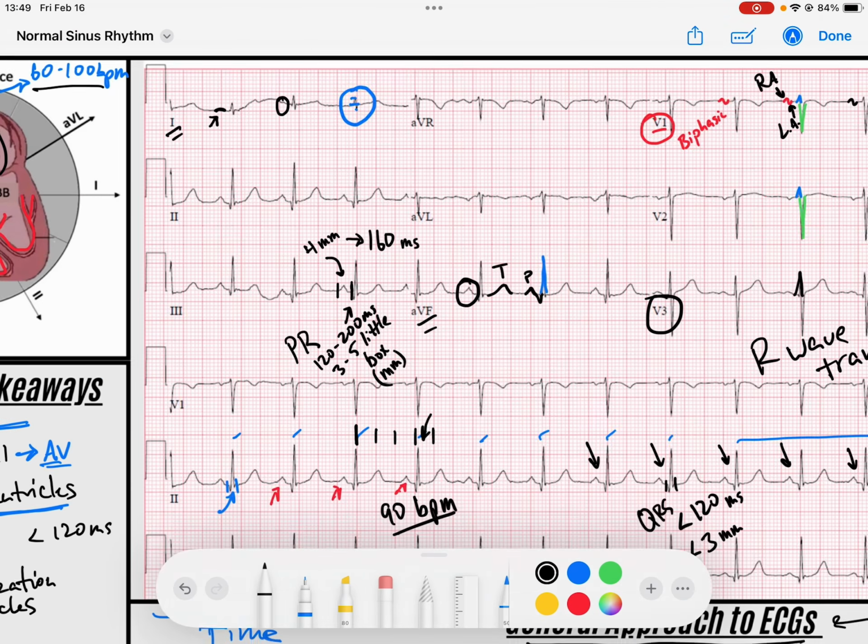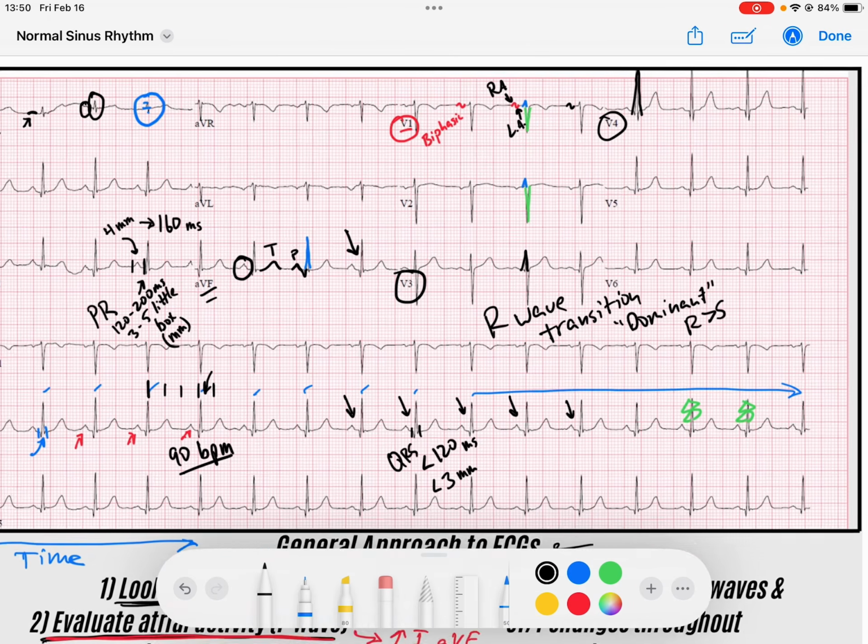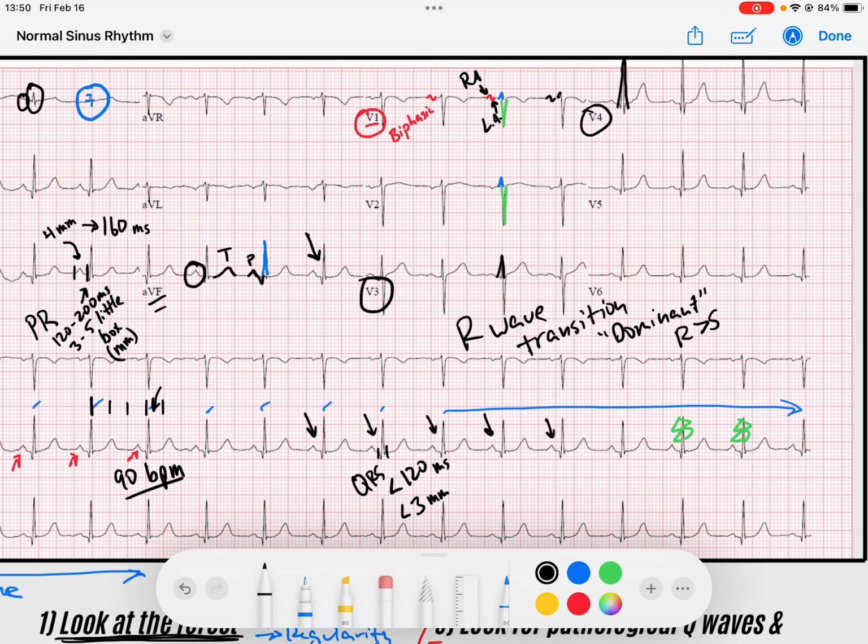Our QRS should be upright in lead 1, and it should be upright in aVF, telling us it's going down and to the left, which we know is the direction that we should be depolarizing. And then we have positive forces that are small in V1 and V2, representing a little bit of that septum, and they should grow and grow and grow as we go towards the lateral leads.